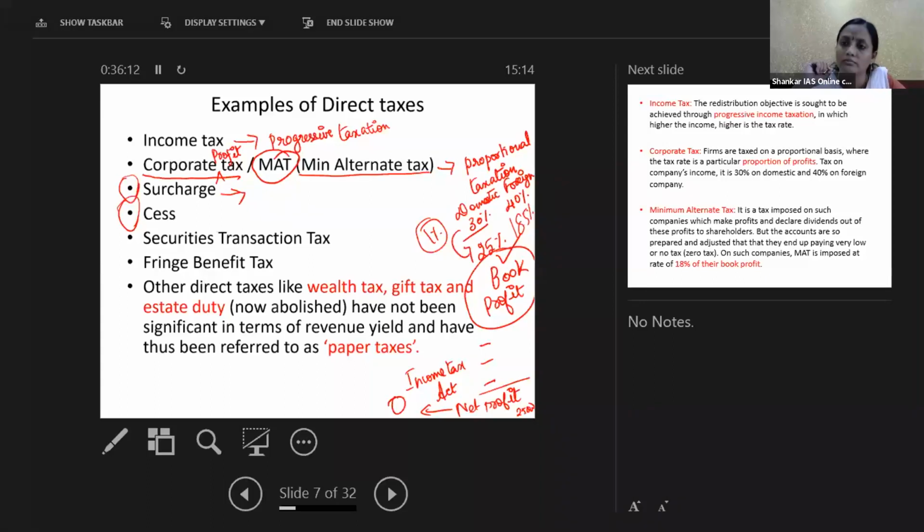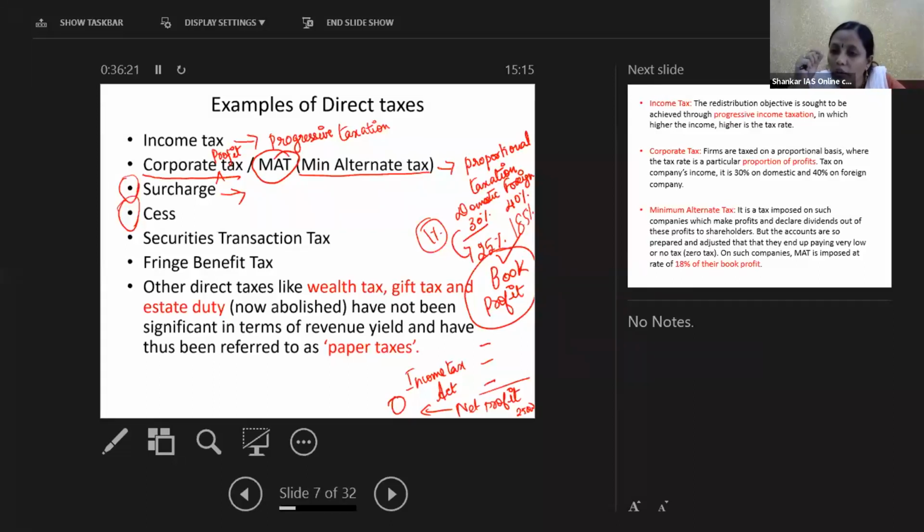Anybody? No, don't get into 10 percentage of 10 crores. I'm asking you 10 percentage of 3 crores. 30 lakhs. Right? So you will be paying 3 crores 30 lakhs instead of just paying 3 crores.